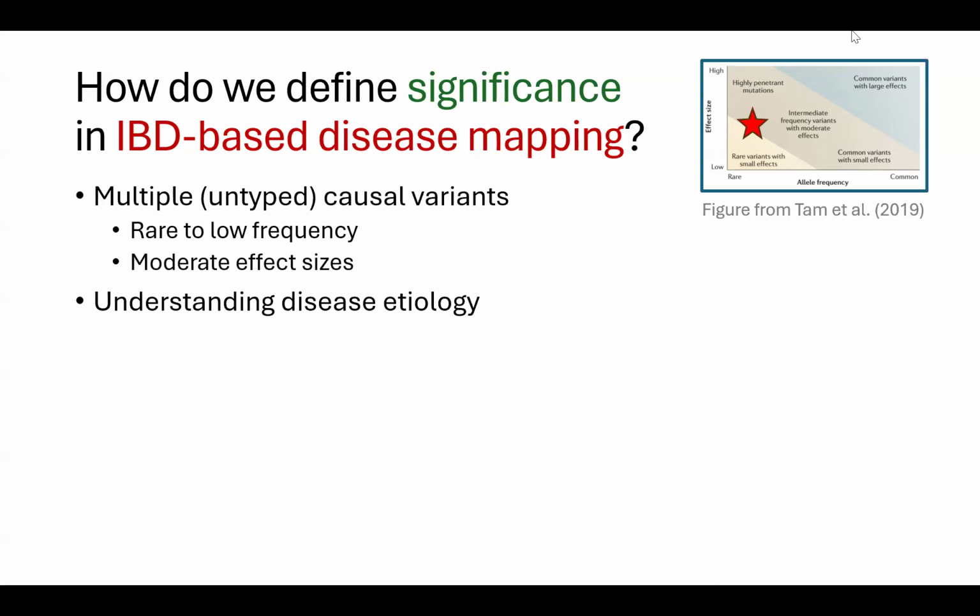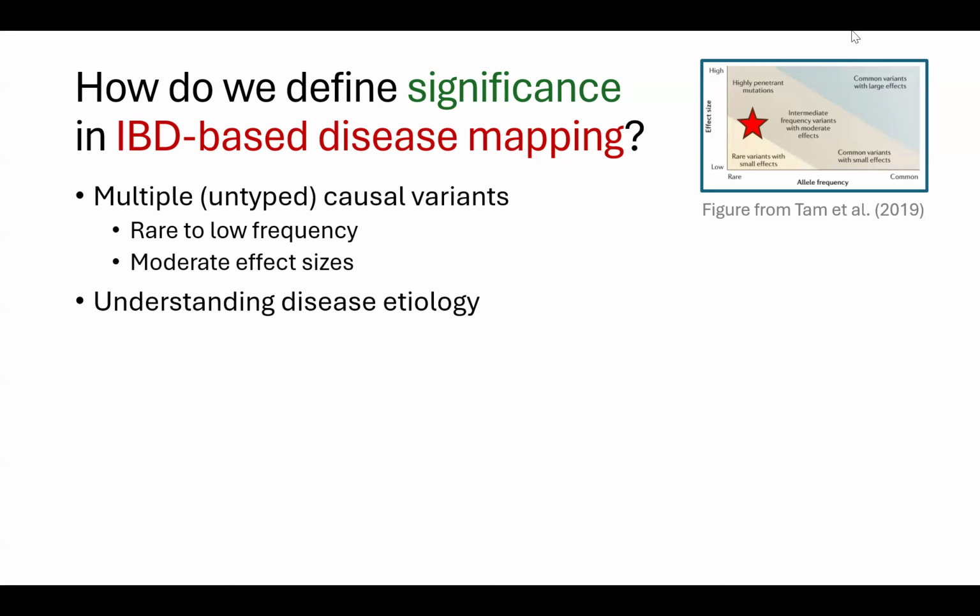So what's very standard is this single marker genome-wide association study, which has a lot of power when we're thinking about common variants with moderate to high effect size. We also have rare variant studies where we don't see a lot of these variants in the population, but they could be highly impactful on a phenotype.